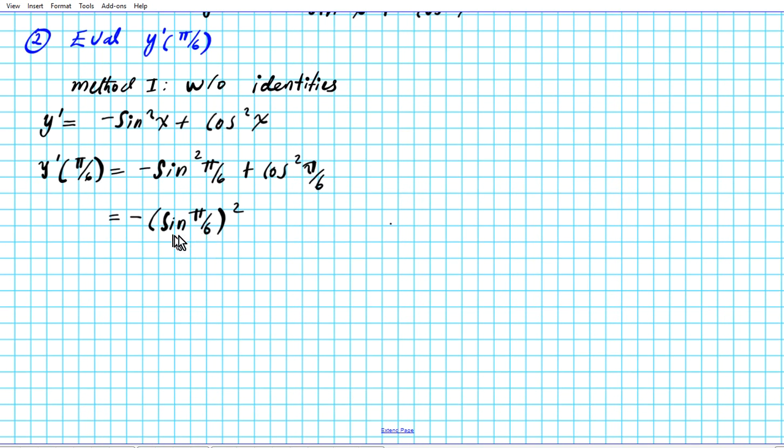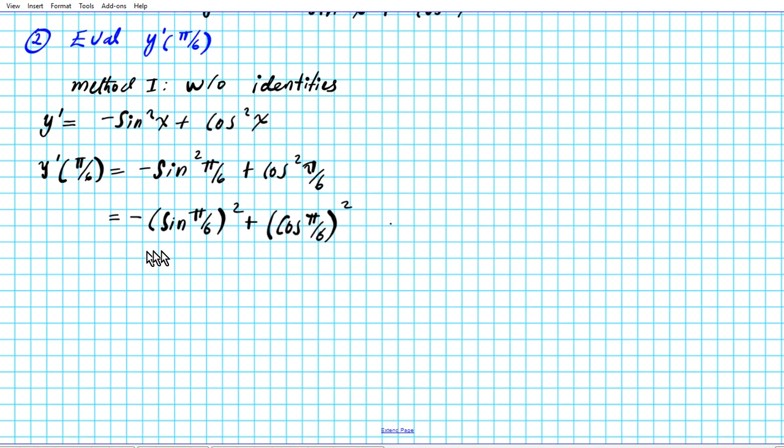We see that we're going to evaluate sine pi over 6 first, and then we'll square the resulting answer. Okay? And then cosine square pi over 6, let's write it as (cosine pi over 6) square. So the takeaway here is whenever you're dealing with squares of trig functions, when you're differentiating or evaluating, always write it in this format first so you can clearly see the order of composition.